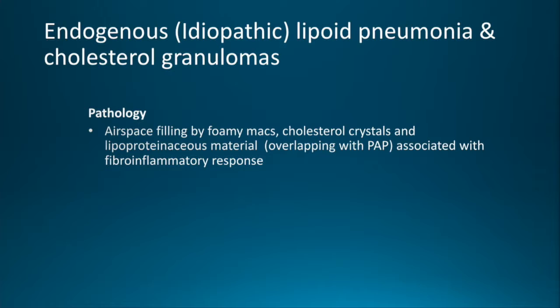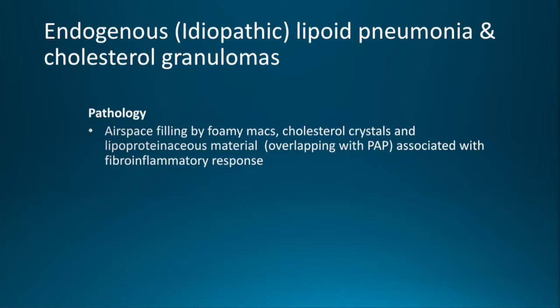The pathology is a bit similar to PAP in that you can have lipoproteinaceous material, but you also have more exuberant foamy macrophages and cholesterol clefts deposited in the spaces. And again, there's often a fibroinflammatory response.